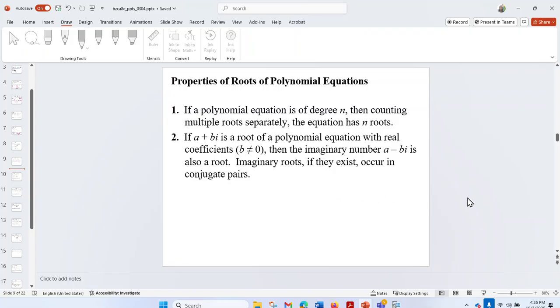Okay, so if you have a plus the square root of b, like I said, if you have 1 plus the square root of 2 as a solution, 1 minus the square root of 2 is also a solution. This is called a conjugate pair. Conjugates always appear in a pair.